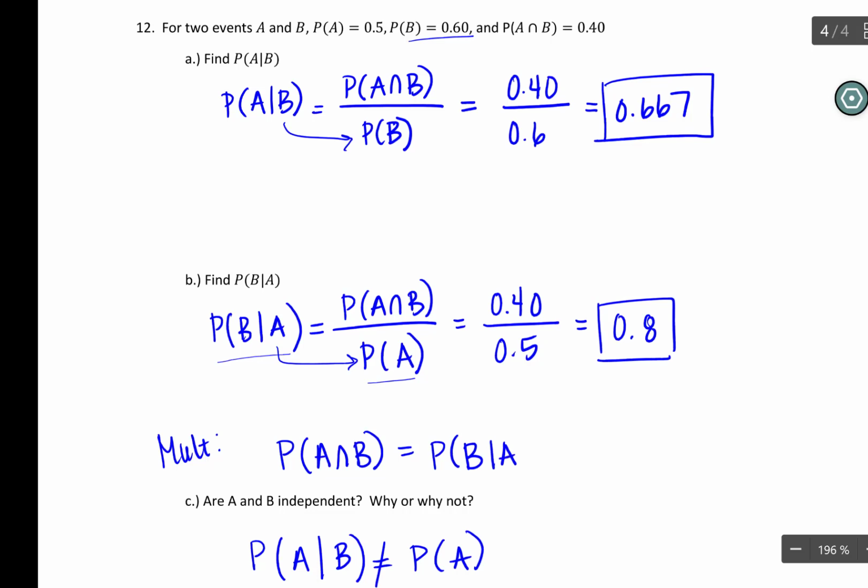So it would be P of B given A, times the probability of A. Okay, so just take a peek back at that in your notes. Make sure that you grasp that concept, and you should be good to go. Just let me know if you guys have any questions.